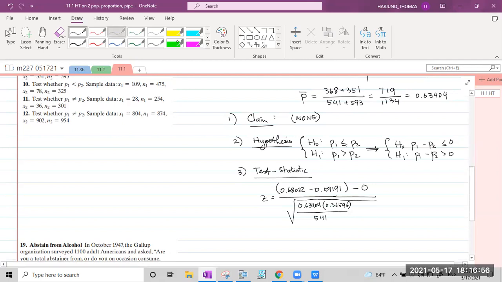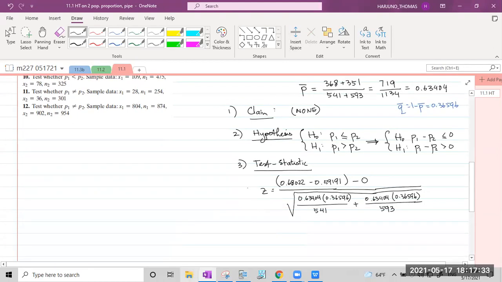Let's compute Q bar here. Q bar is 1 minus P bar, 0.36596. Plus P bar Q bar over N2, 593. So I will copy paste 0.63404, 0.36596. Now that is quite difficult to plug in.